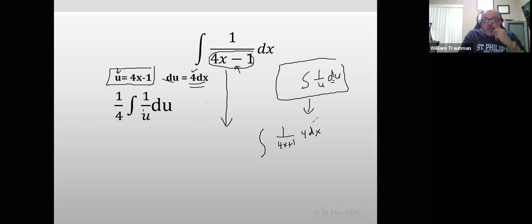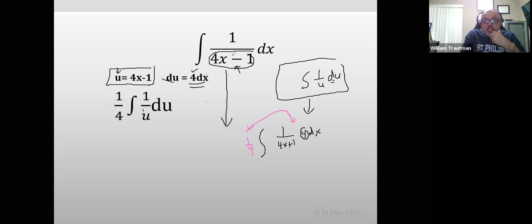Now this extra 4 is kind of in the way, so we have to offset it. We have to cancel it out. One way of doing that is putting a 1/4 in front. Now I have 1/4 times 4, and they cancel each other out and turn into 1.